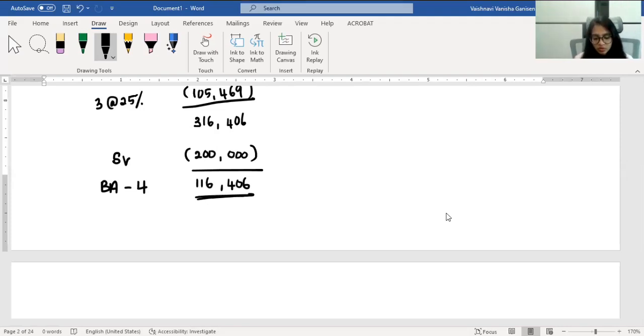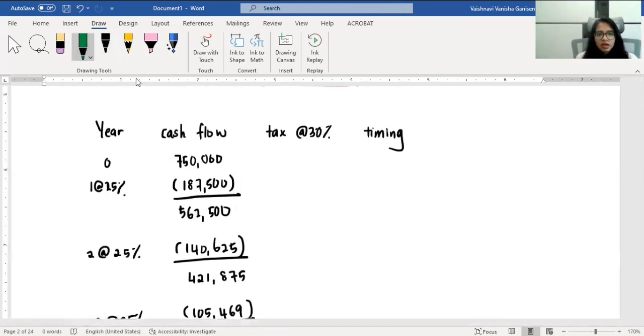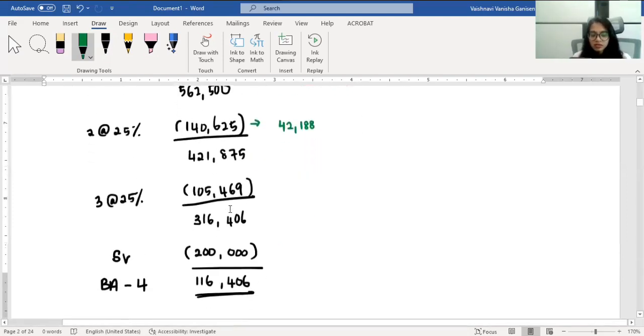Now, when I want to calculate tax at 30%, 187,500 multiplied by 0.3, this is 56,250. 140,625 multiplied by 0.3, 42,188. 105,469 multiplied by 0.3, 31,641.